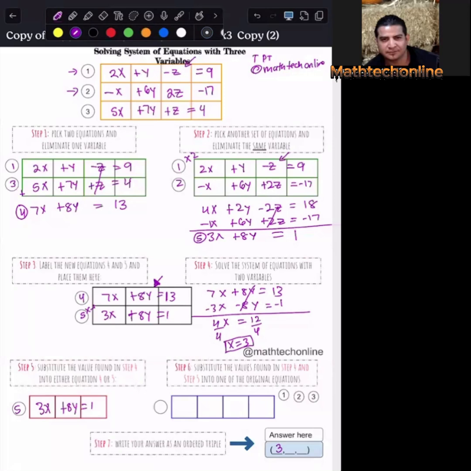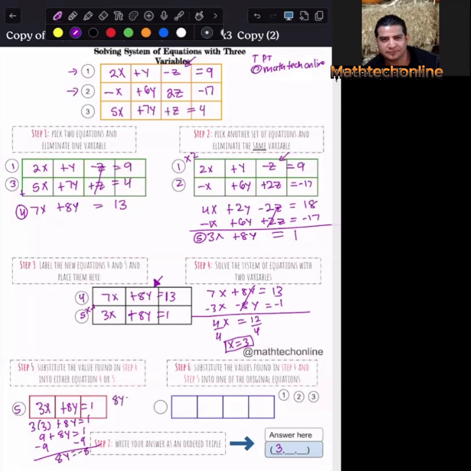And now let's do the substitution. x is 3, so 3 times 3 plus 8y equals 1. That's 9 plus 8y equals 1. Minus 9, minus 9. And it looks like that's going to be 8y equals negative 8.